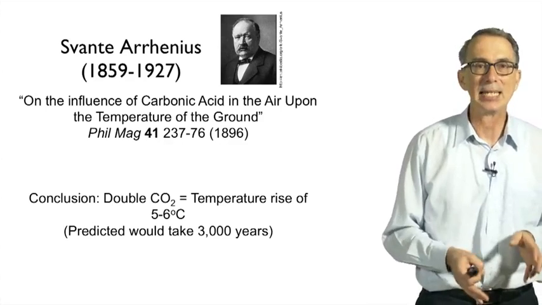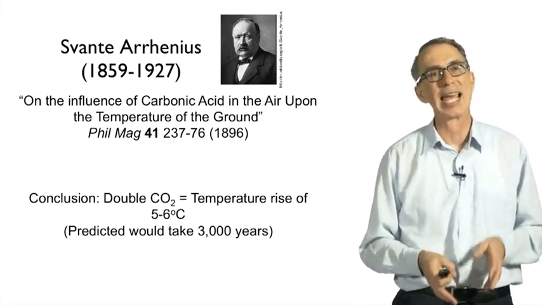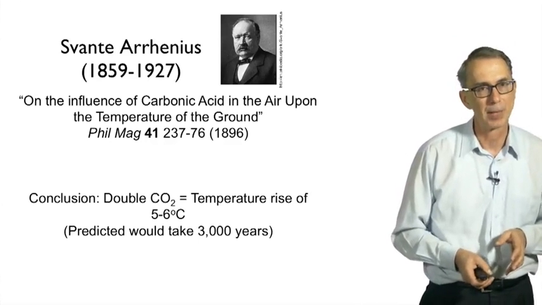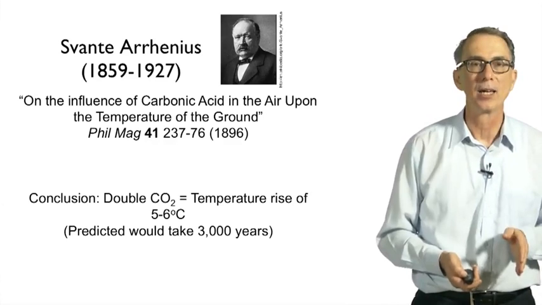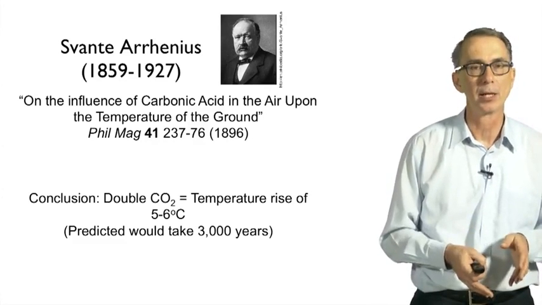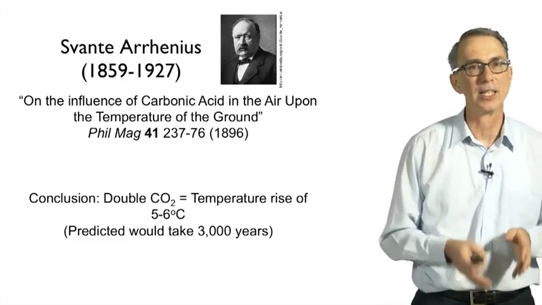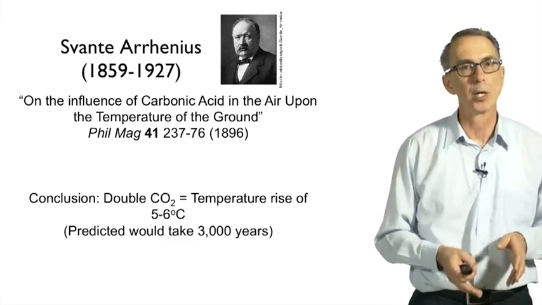But he said that doubling of carbon dioxide concentrations from burning coal would take 3,000 years. Unfortunately, he underestimated the time it would take for humans to dig up enough coal and burn it, because he underestimated the efficiencies of modern technologies, digging up coal, digging up oil, and burning it.